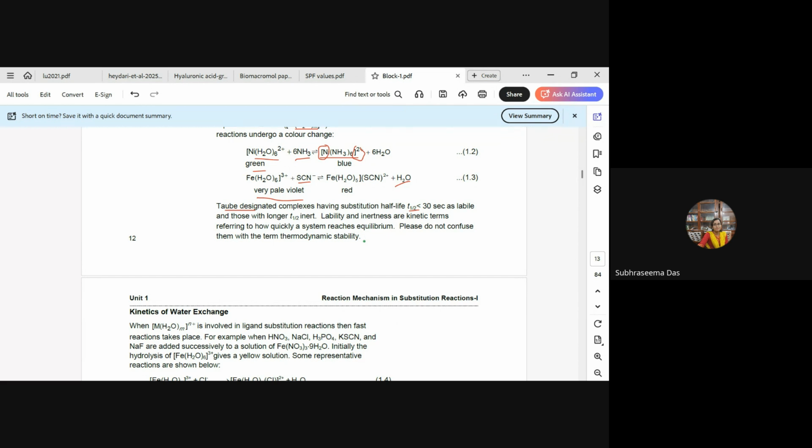So whenever we have inertness, it means the t half of the reaction is very much longer. But when we say the complex has very good lability, it means the t half of the reaction is very small, less than 30 seconds. So this is how we define labile complexes and inert complexes.